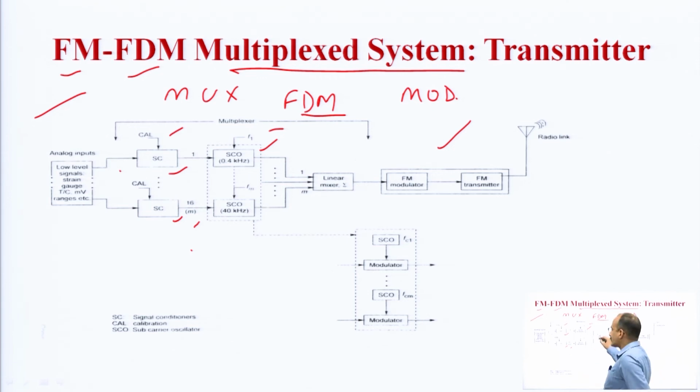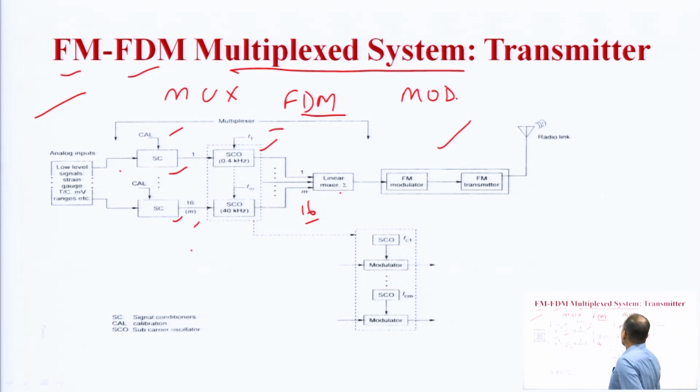All 16, or m number of, inputs and the frequency translated signals are applied to a linear mixer where a combined signal is created, which has a combination of all 16 sensor inputs.